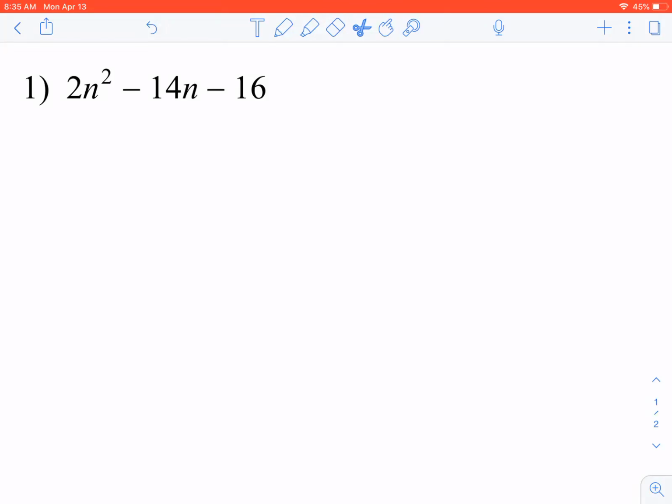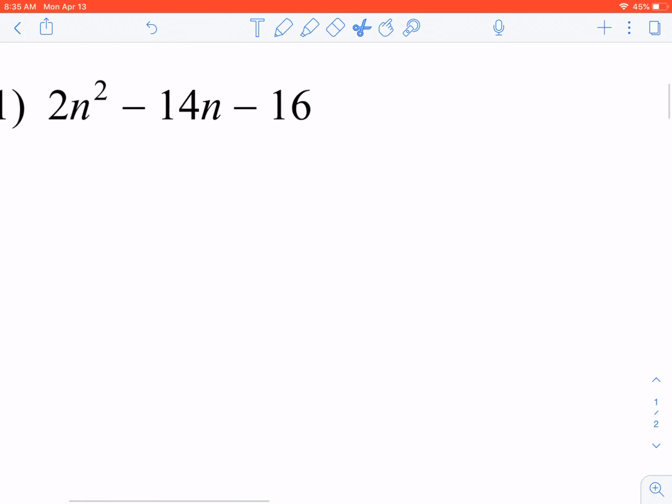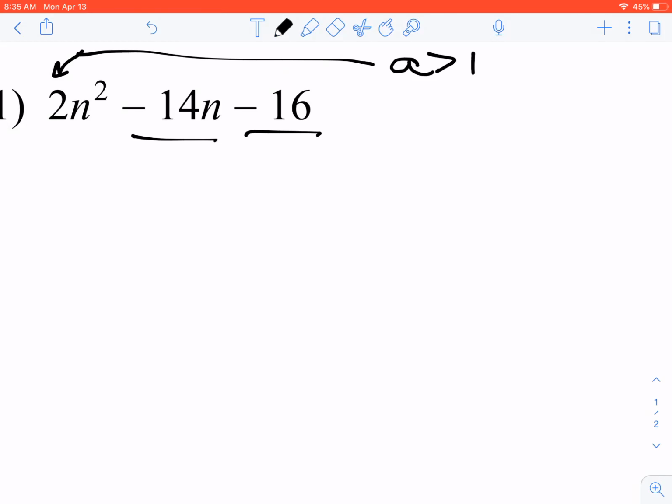I'm going to talk about how to factor quadratics now that have a value in front here. Let me blow this up a little bit. Right here, if we notice that this number is greater than 1, that presents a problem for us because now we can't use what we did before to say what times what is equal to the last number that when we add equal this.